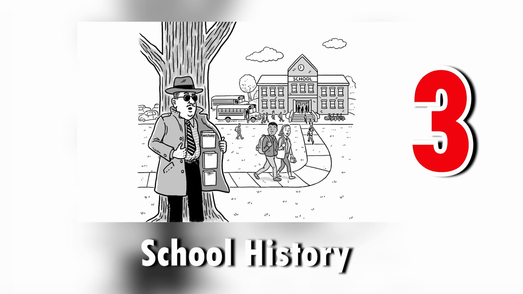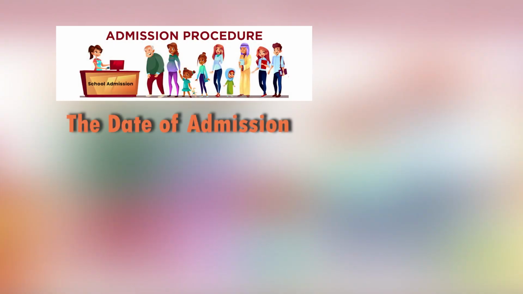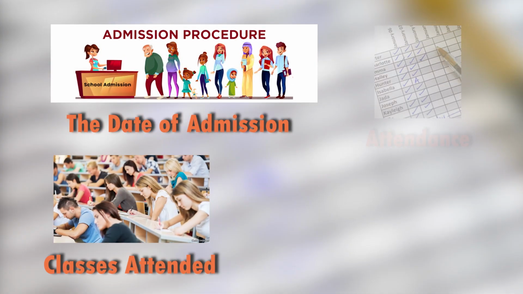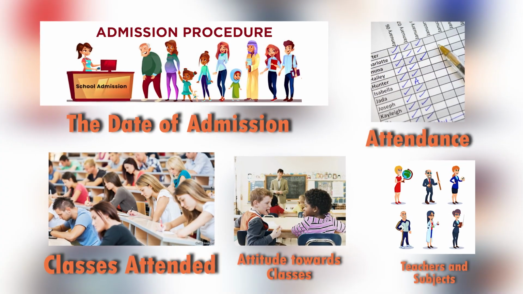The third type of data which is to be collected is school history, which includes the date of admission, classes attended, attendance, his attitude towards classes, teachers, and subjects.